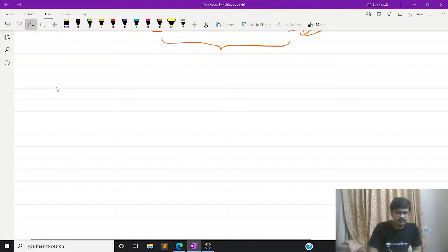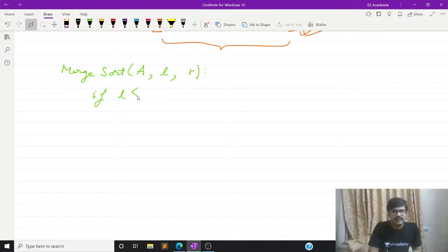So let's look at this merge sort procedure. In merge sort you are given an array with the left and right bounds. You check if left is less than or equal to right.